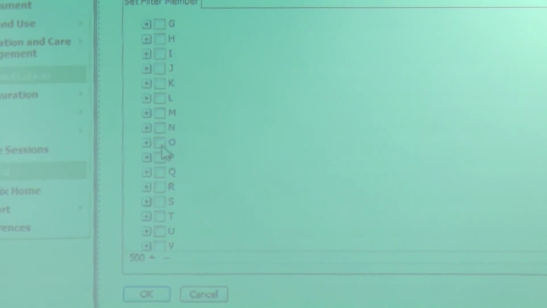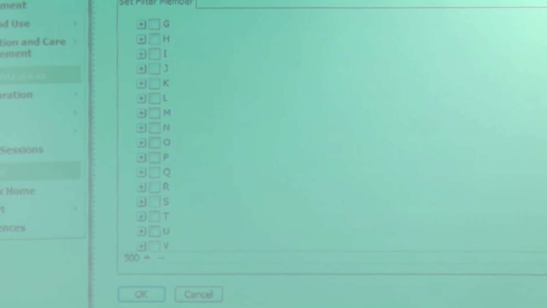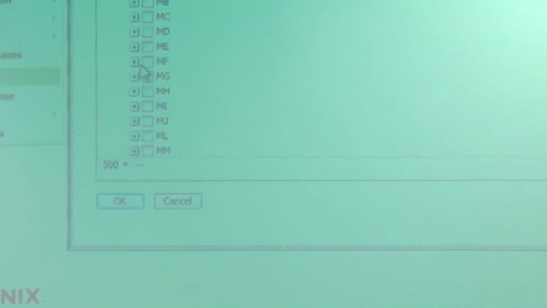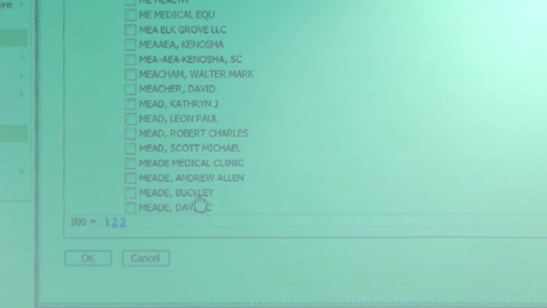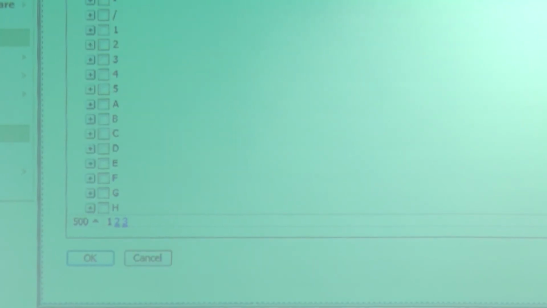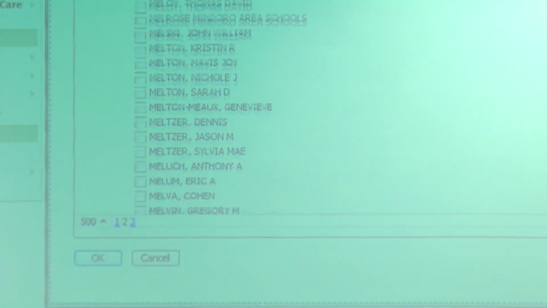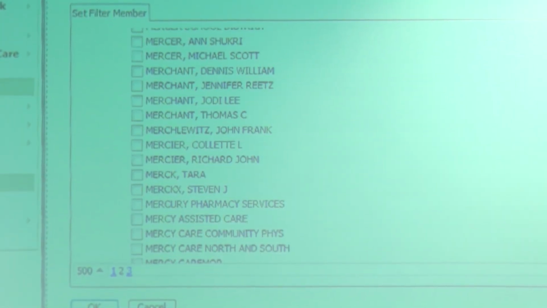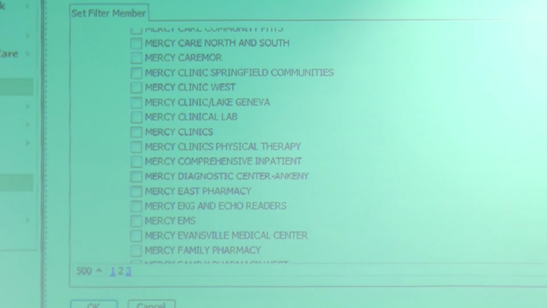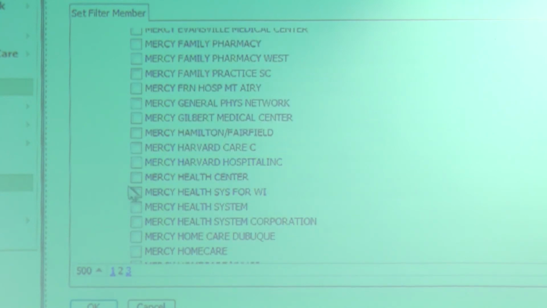Yep. So now we're going to go back and do exactly what we did before. Get into the M's. Get into the MEs. Go down to the second page. Find Mercy. And we had Mercy Health Systems for Wisconsin, those three.